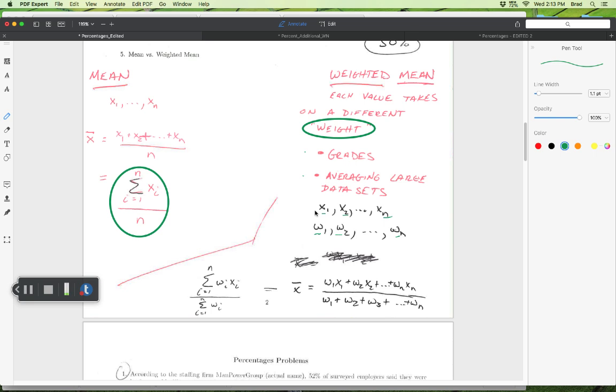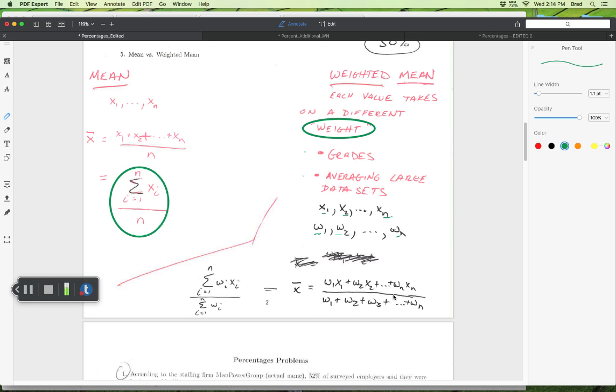So this weighted mean is where we take each of our values and multiply them by their corresponding weights. We sum them all up, and then we divide by the sum of the weights. Go ahead and replay that.